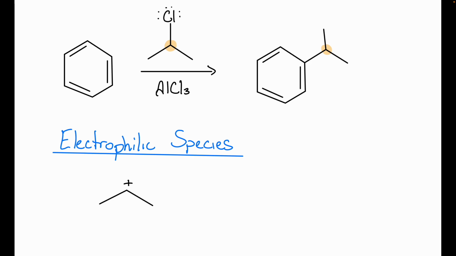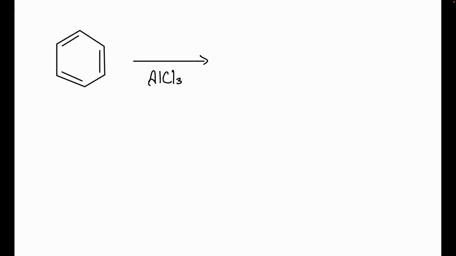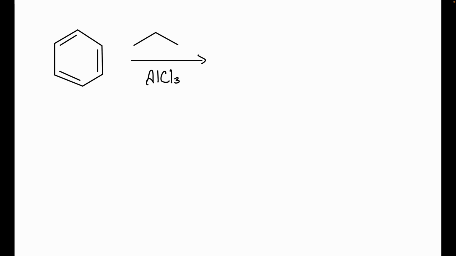Now, because these go through these carbocation intermediates, we got to be a little careful. Let's do another example. So everybody take a second and give me the electrophilic species of this reaction.